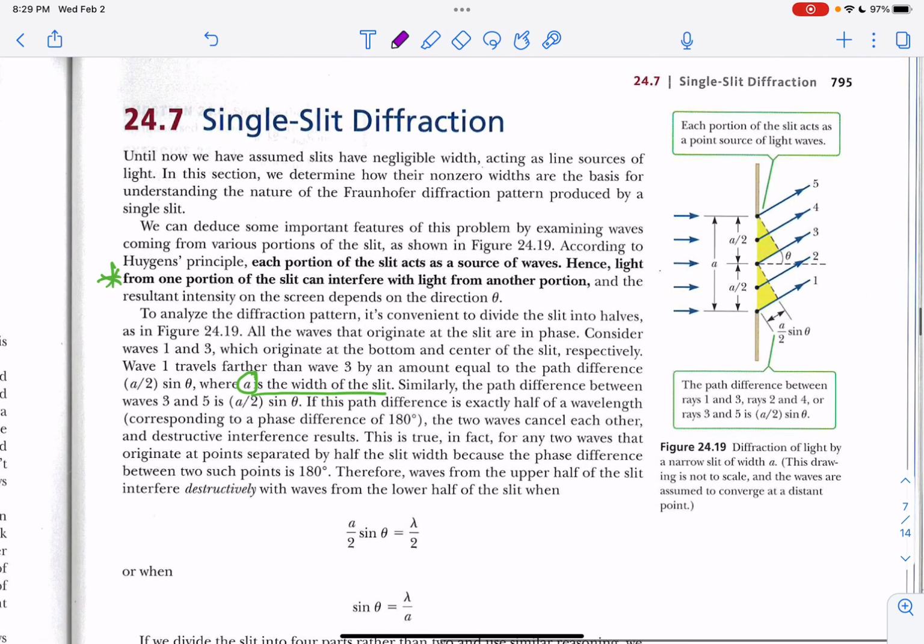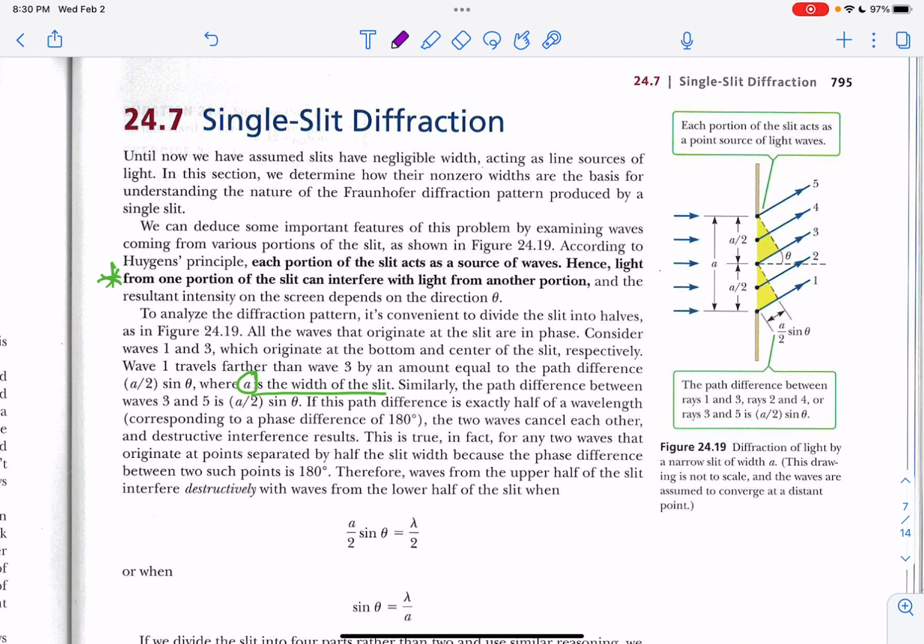So now we want to get into single slit diffraction. This is kind of what happened when you took your thumbs or two pencils and you put them as close together as you could without them touching, and you looked at some light in the distance, and you could see some black lines in between where you had destructive interference, crests and troughs from wavefronts canceling each other out.